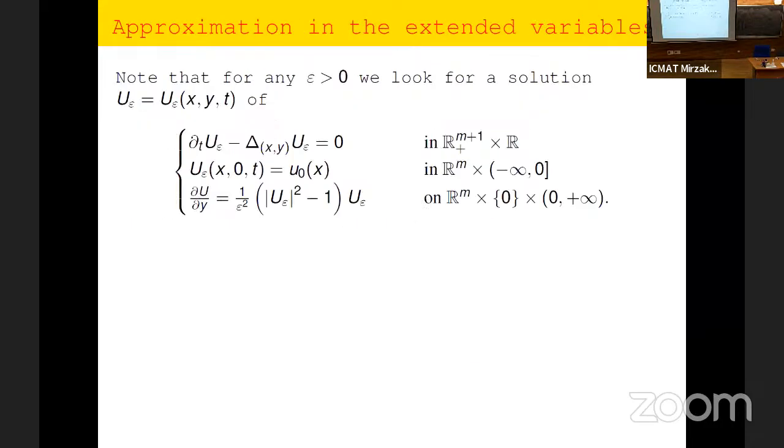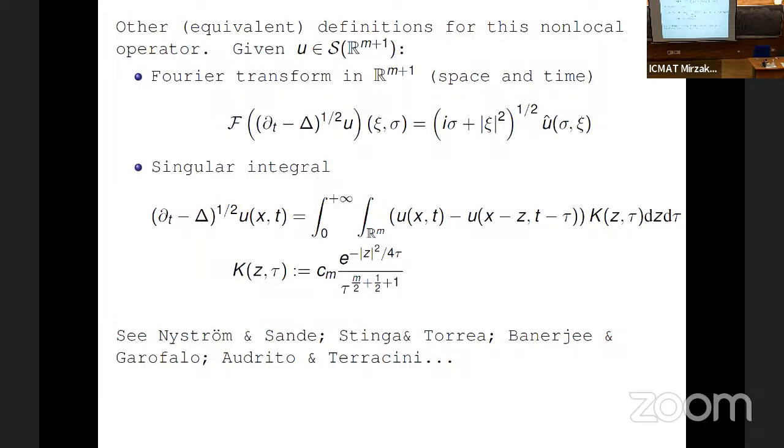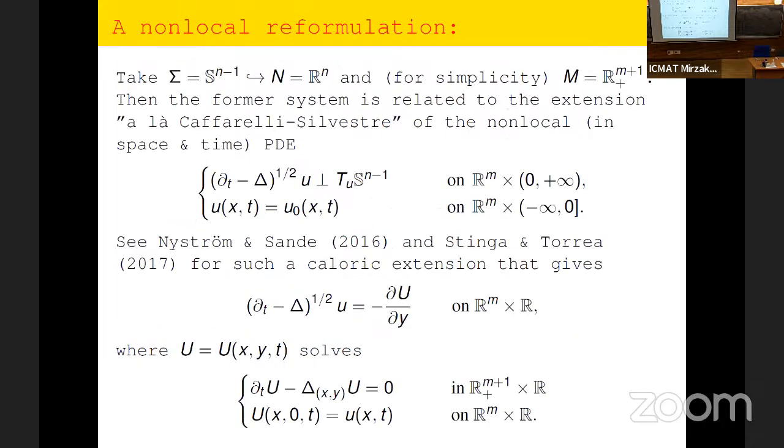So these three formulations, Fourier, singular integral, or extension, are equivalent if you're not considering, say, the initial condition essentially.